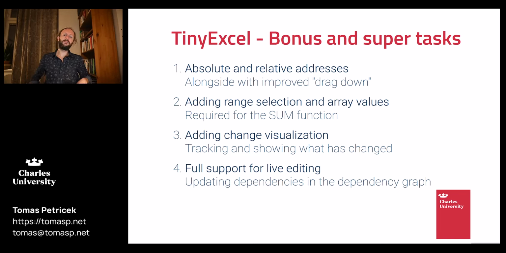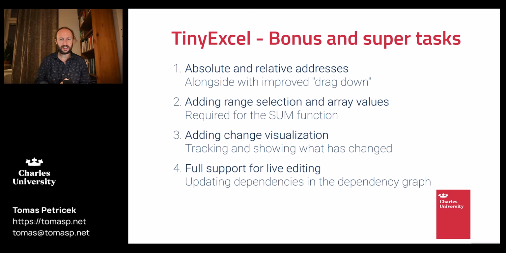And an interesting thing that is a bonus problem is adding a few flags to your implementation so that you can actually display what has changed. When you make a change, we will propagate the event, but then mark things as updated, and then you can display that in the user interface.